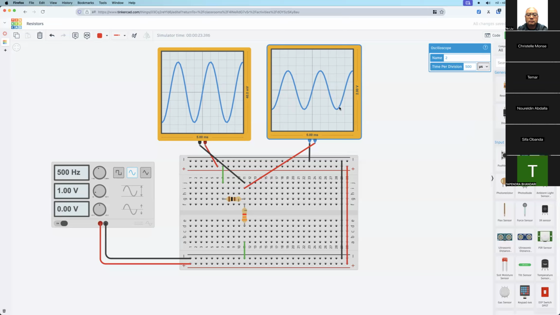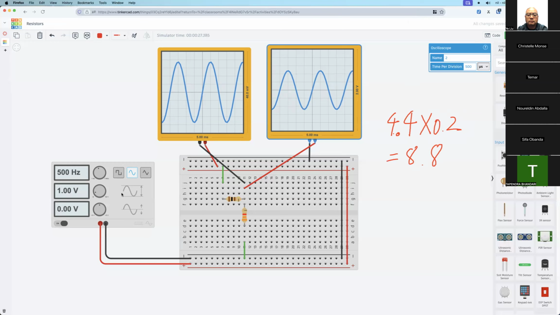Then for the peak to peak value, you can see this is almost 0.2, then 1.2, 2.2, 3.2, 4.2, then another 0.2, so 4.4 divisions times 0.2. So the peak to peak value is 8.8, which is not enough. So we need to change the setting in the function generator.